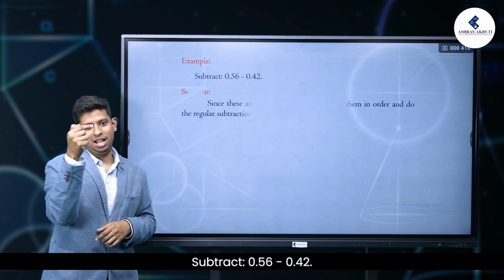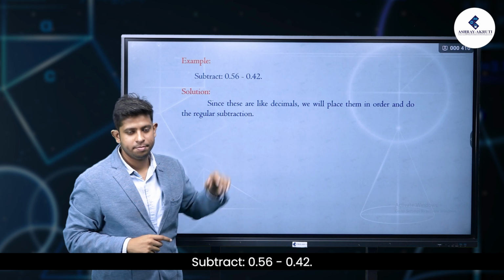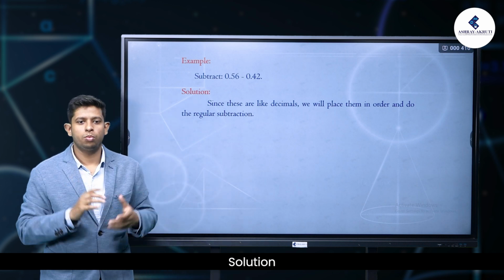Example, subtract 0.56 minus 0.42. Solution.